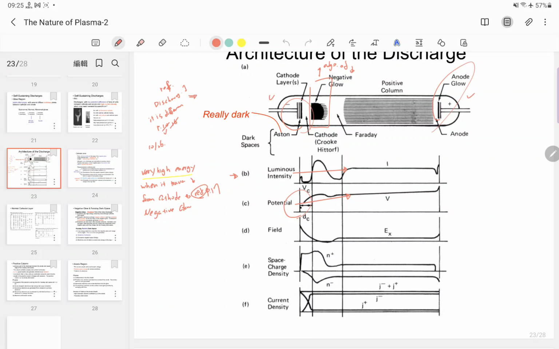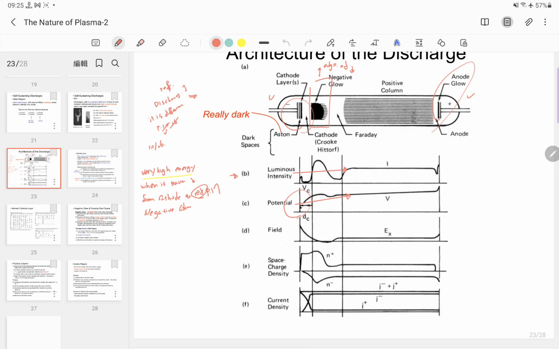If the pressure is very high, then the thickness of the negative glow is very thin. But if the pressure is low, the thickness of the negative glow will become very long. Okay. And anyway, when electrons travel across the negative glow, they keep striking gas atoms.